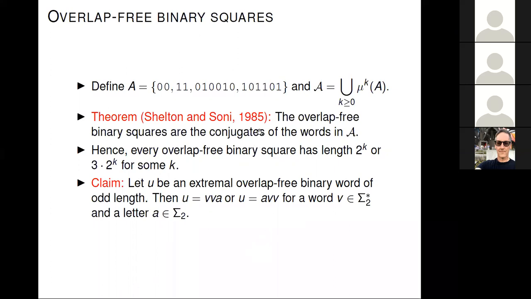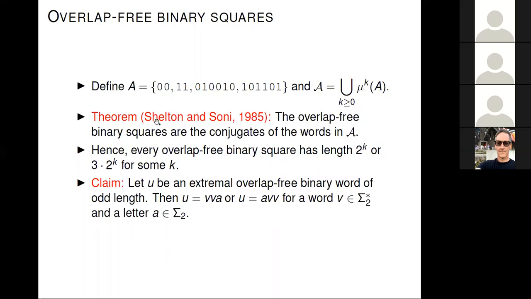plus 1, right? So this theorem of Shelton and Sony describes exactly the overlap-free binary squares. They're kind of the squares in this set A, together with all the images under any number of iterates of the 2A Morse morphism.